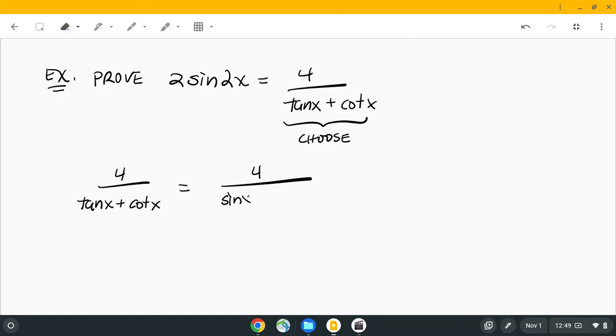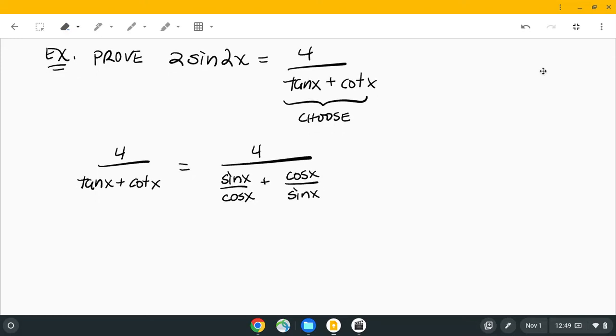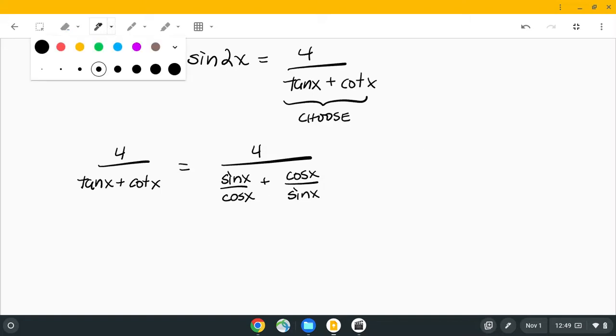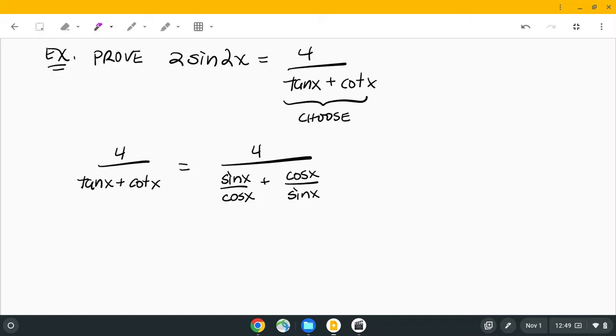Okay, so that's sine x over cosine x plus cosine x over sine x. Okay, and then here, now I've introduced these fractions within this bigger fraction. So I'm going to go ahead and get rid of them by multiplying by the LCD, sine x and cosine x.